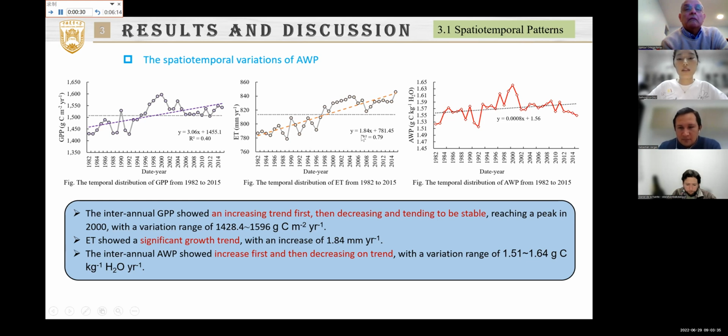ET showed a significant growth rate with an increase of 1.84 millimeter per year, and the interannual AWP showed an increase first and then decreasing trend, with a variation range of 1.51 to 1.64 gram carbon per kilogram water.